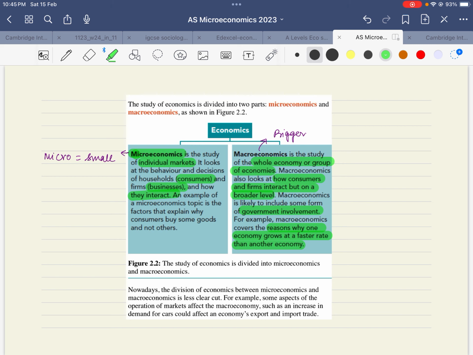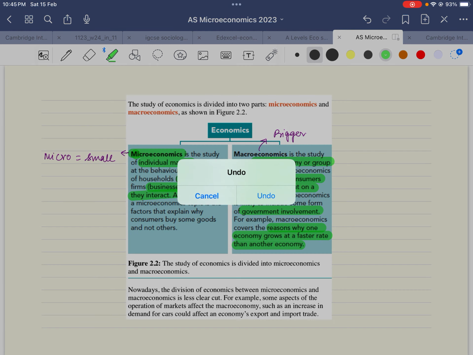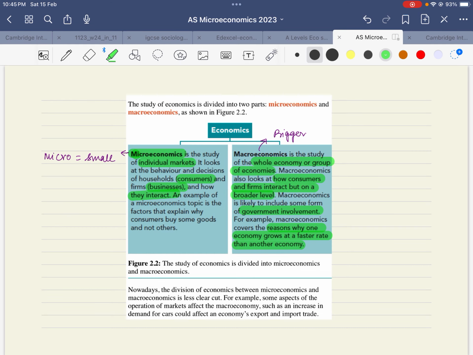The question here is, why do we need to know the definition of microeconomics and macroeconomics? Because we do get questions about micro and macroeconomics in MCQs, means in paper 1. So let's talk about micro and macroeconomics in a bit more detail.